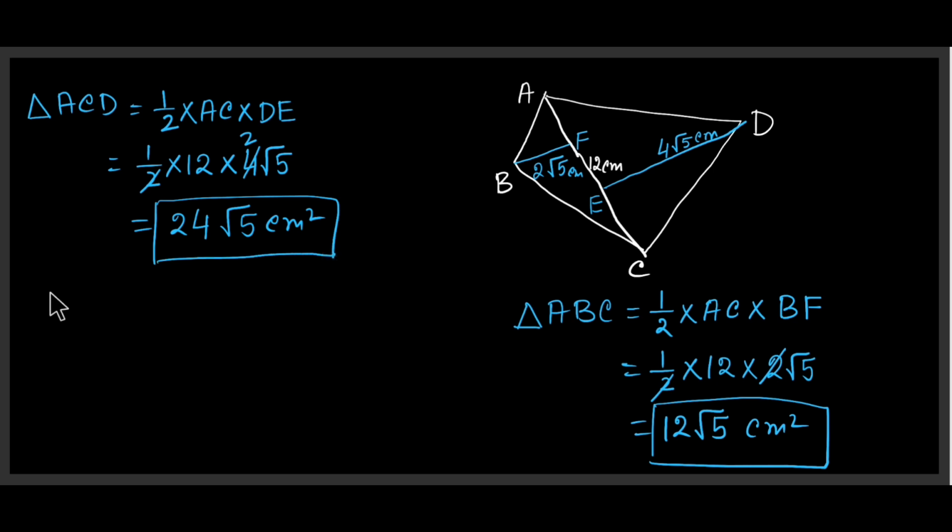Now by the question we can write that triangle ABC plus triangle ACD is the whole quadrilateral ABCD.